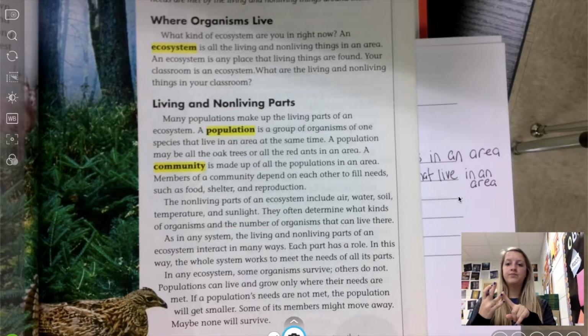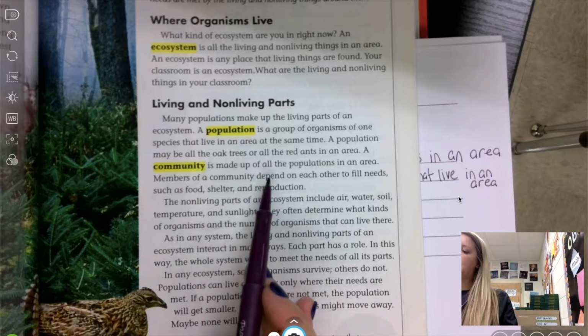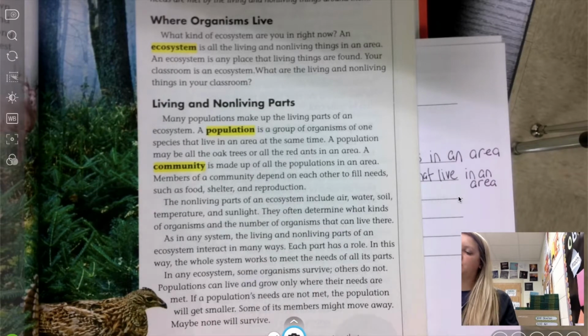You'd see ants, you'd see squirrels, but they're all going to fall into the same group. And if I'm looking at a population, I'd be looking at just one organism. So say the squirrels. That's just one organism that live in an area at one time. A community is made up of all the populations in one area.